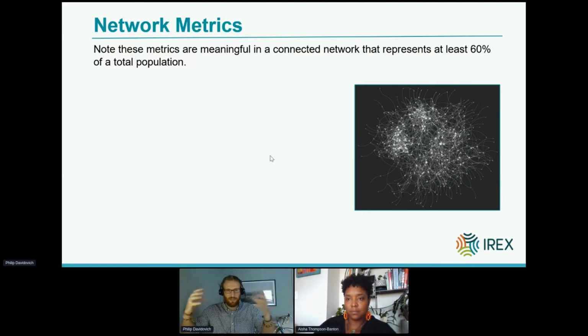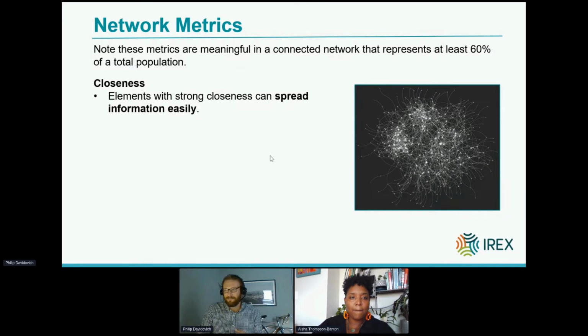So there are no isolated silos, like we saw in that one graph earlier, where there were disconnected silos from the main group. Everyone has to be connected, and the total cluster needs to represent at least 60% of the population that you're drawing these conclusions or recommendations for. So 60% is the threshold where you need at least some meaningful response rate to inform these metrics.